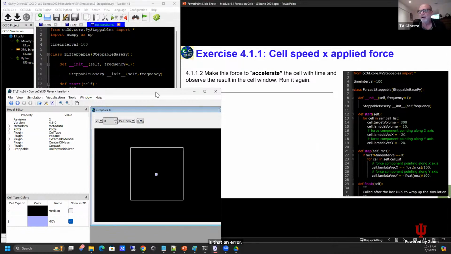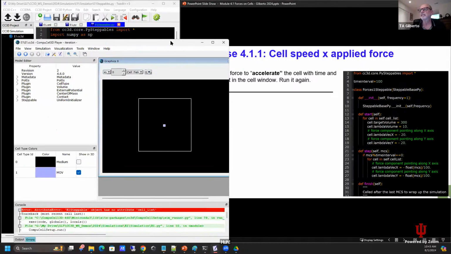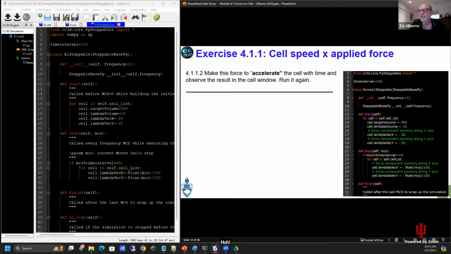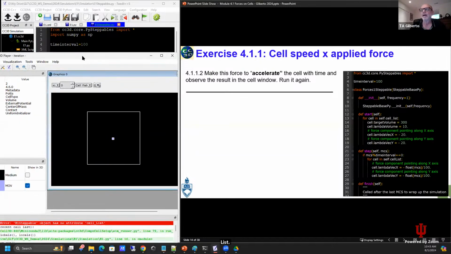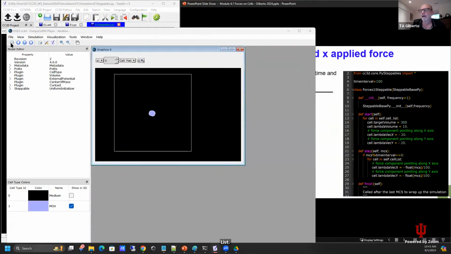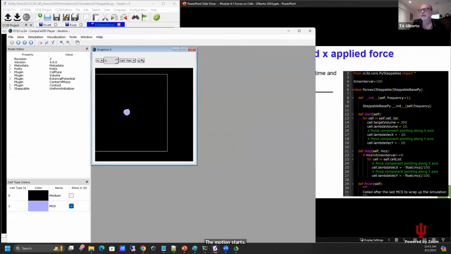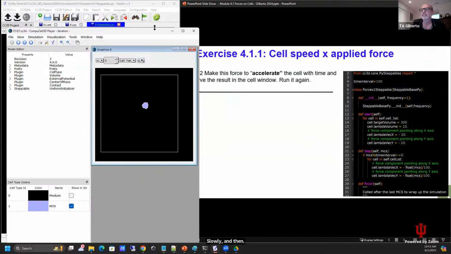Ah, I made a mistake in misspelling in here. List. See, the motion starts slowly and then increases according with the Monte Carlo step.